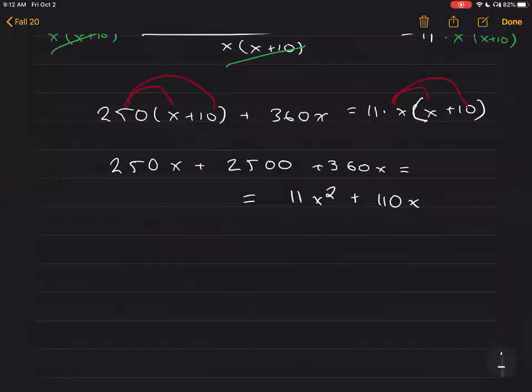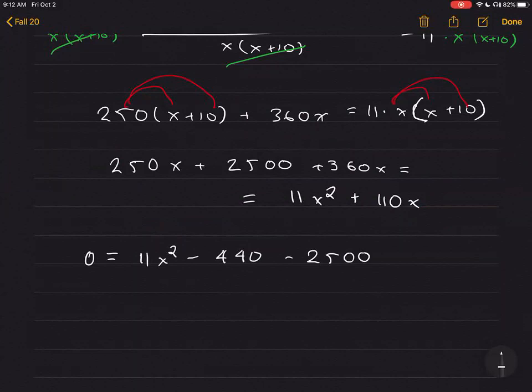So now if we move everything to one side and combine like terms, we get 0 equals 11X squared minus 440X minus 2500. Now this is a nasty looking quadratic.